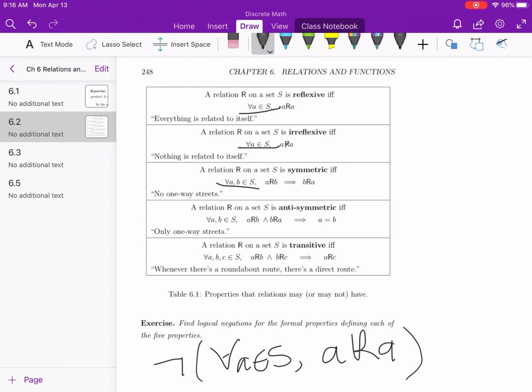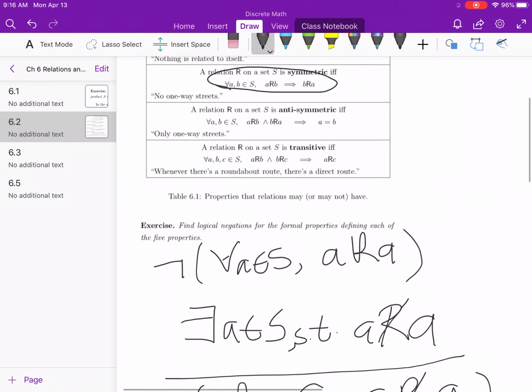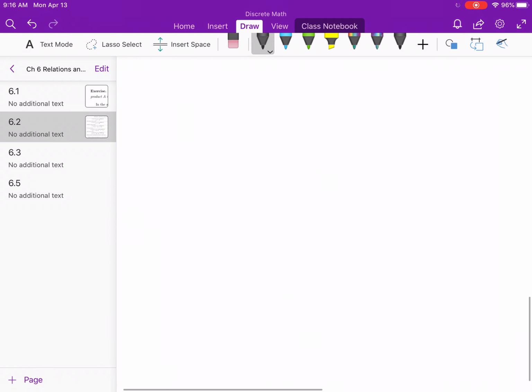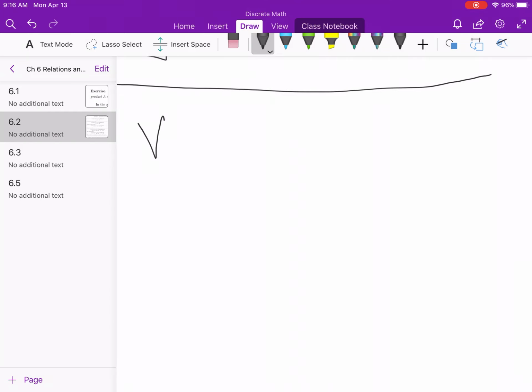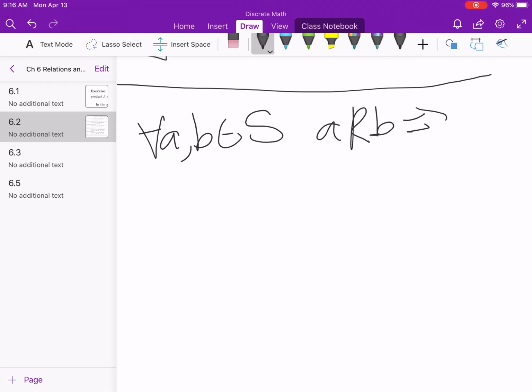For all A and B in S, if A is related to B, then B is related to A. So I could say something like for all A and B in S, A R B, then B R A. Some things have this property.